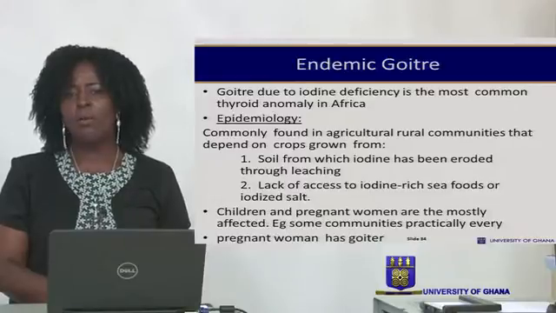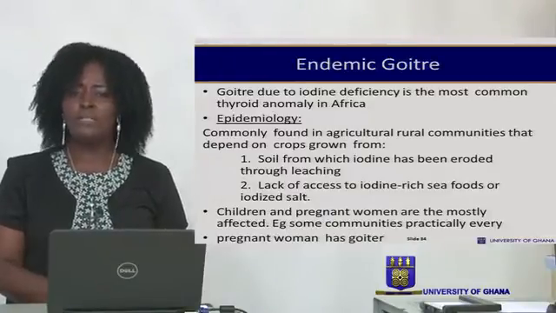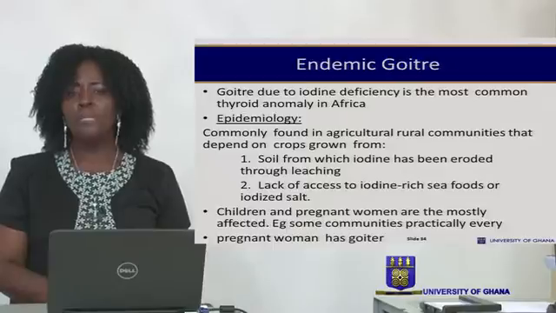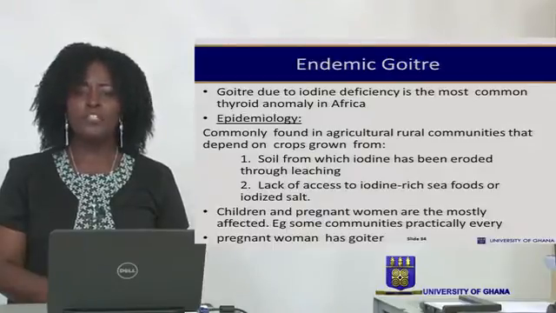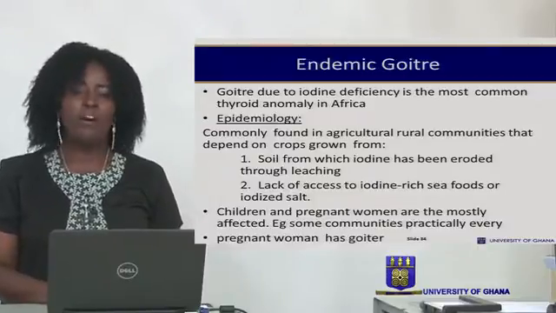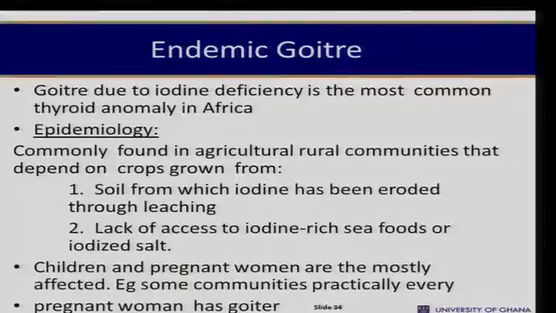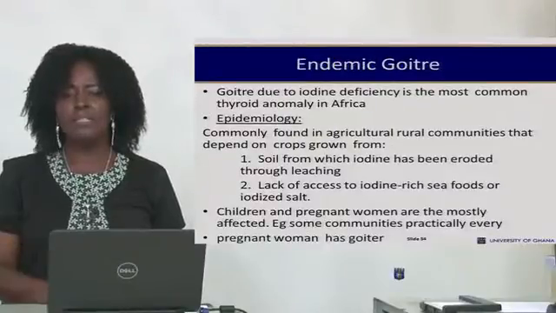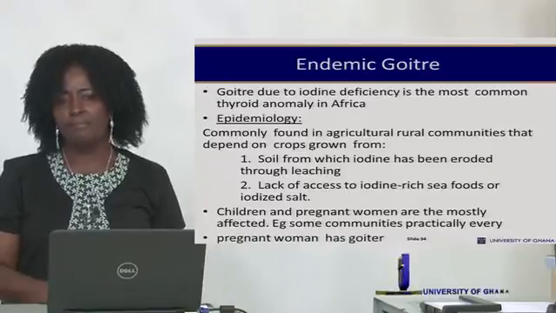And this is commonly found in communities where crops are grown in soil that is deficient in iodine because it has been eroded. Poor farming practices and the like have led to leaching or erosion of iodine from the soil. Another is lack of access to iodine-rich seafoods, especially in regions that are far from the sea, where they eat mostly fish from the river.